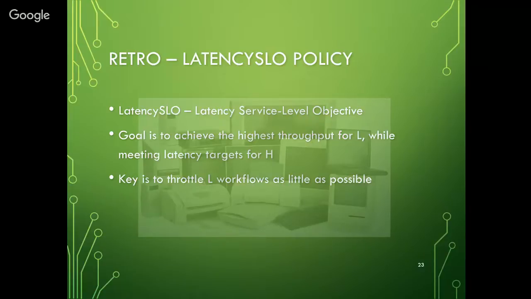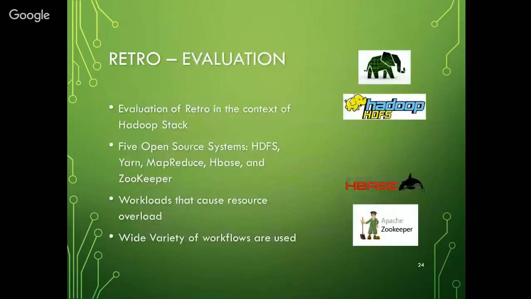So we're going to start looking at the evaluation of the Retro framework. The evaluation of Retro, as we discussed earlier, is in the context of a Hadoop stack, right? There are five open source systems: HDFS, YARN, MapReduce, HBase, and ZooKeeper.